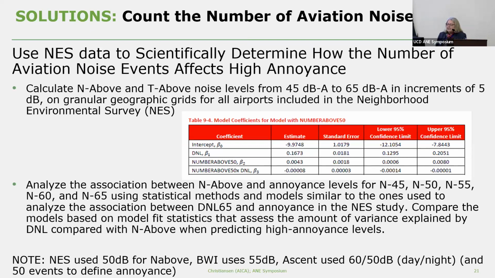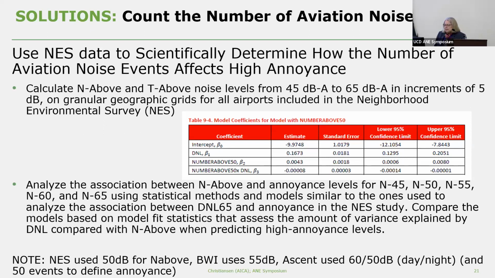Final slide, count the number of aviation noise events. I believe that the FAA can do this and do this quickly before the comment period is over. Talking about the neighborhood environmental study, they included other metrics in their analysis, like N above. They included whether or not you could see the airplane, things like that.